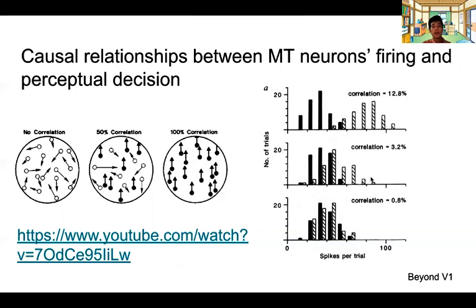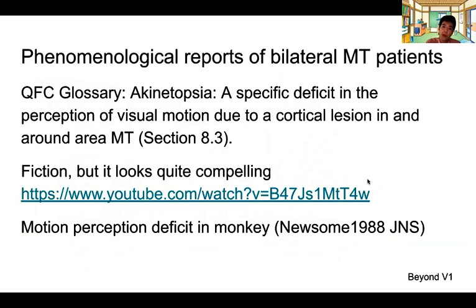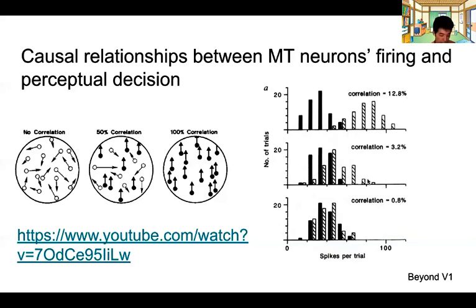Okay, and then when the motion stimulus contained quite a bit of strong correlation, let's say 12% or so, one single MT neuron may fire a lot, let's say up to 100 hertz, 100 spikes per trial.